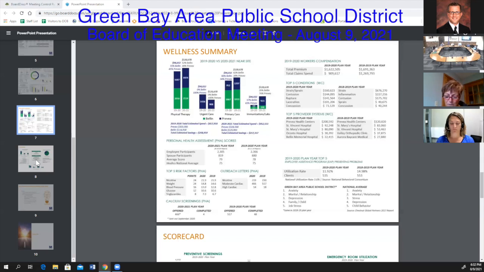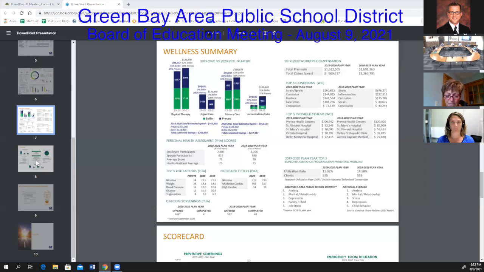On the bottom, we're looking at your EAP, and you'll notice the EAP in 2019 to 2020, 18-19 was down some. And if you look below, your anxiety, marital relationship, depression, family, child, and job stress are the top 5, very similar to the national average.